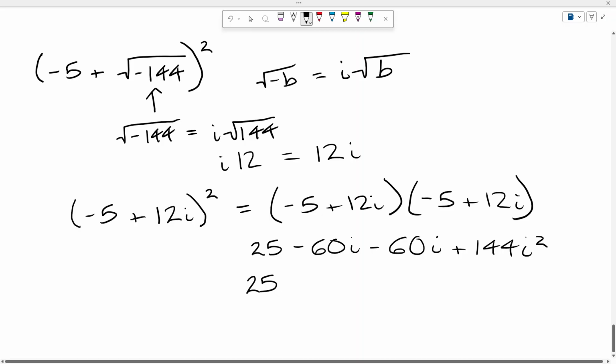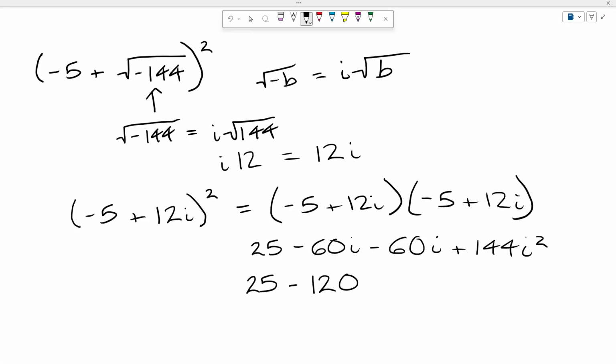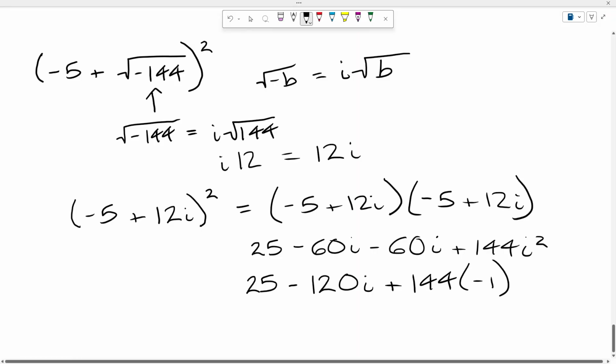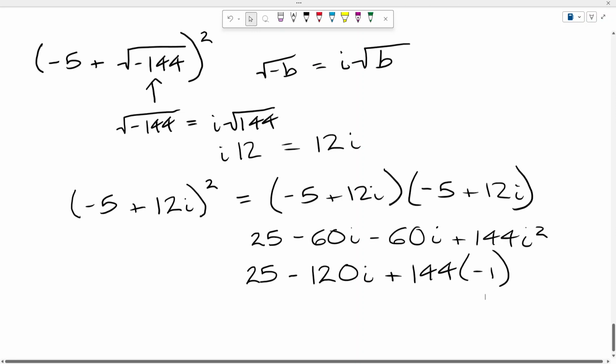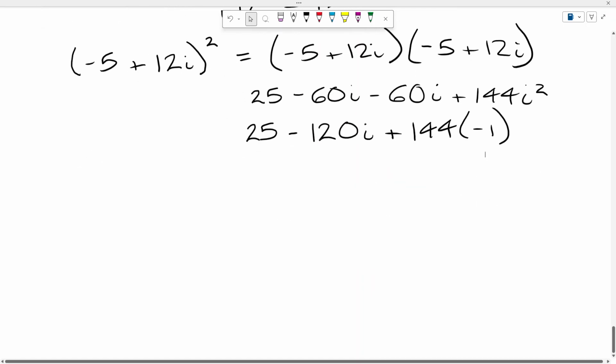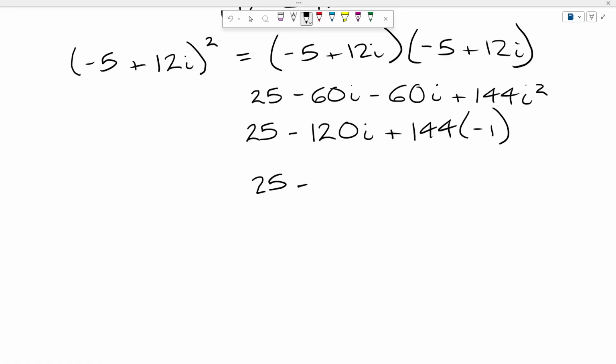So we have -60 minus 60, so that'll be -120i plus 144, and then i squared. Same thing as we can replace that with -1. And then if we do the math on that, we have 25 minus 120i, and then 144 times -1 will be -144.